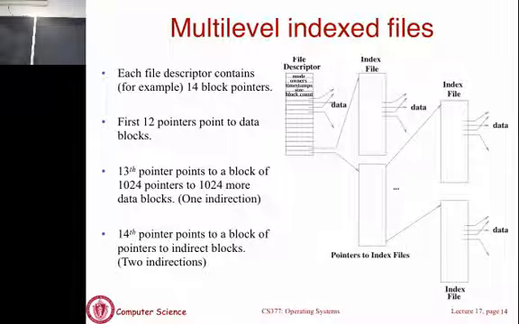You can take that data and directly stick it in the file descriptor. If you have only a few bytes in your file, then maybe there's no need to pay for following pointers to somewhere else on the disk if you just stick the data in the file descriptor. So Linux does that for very, very tiny files. All of the data of the file is just sitting in the file descriptor, which is, as I said, also sitting somewhere on disk.